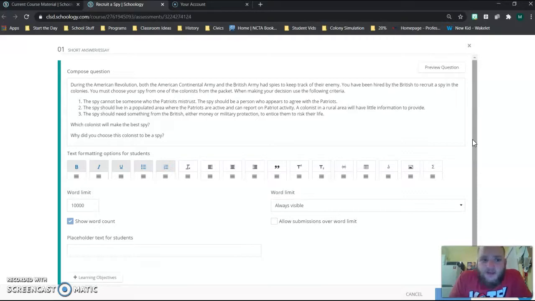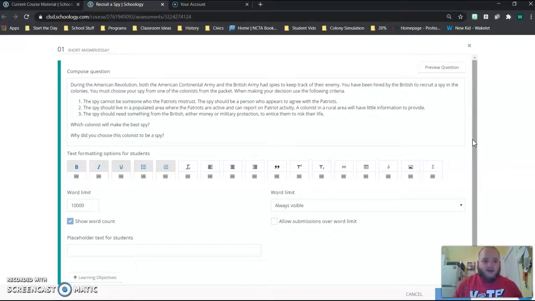Finally, the spy should probably have something that the British can provide them, money or military protection, because if you're caught spying, that's not a great punishment right there, right? So, is there some sort of something that the British can provide them to entice them, to persuade them to spy?